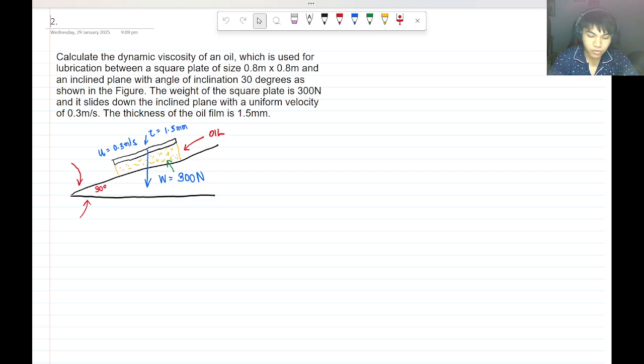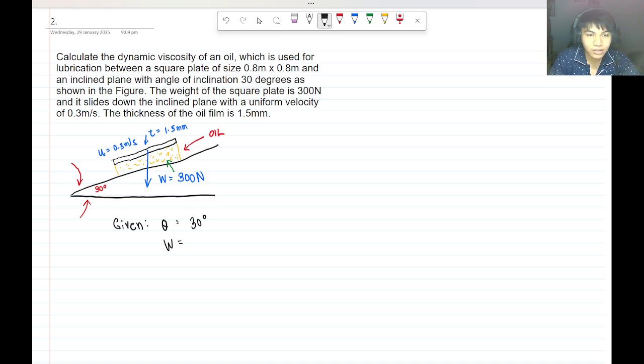So for this part, we have a figure already that I've drawn here. Okay, let's start with the given. First, we have the angle theta, that is 30 degrees.